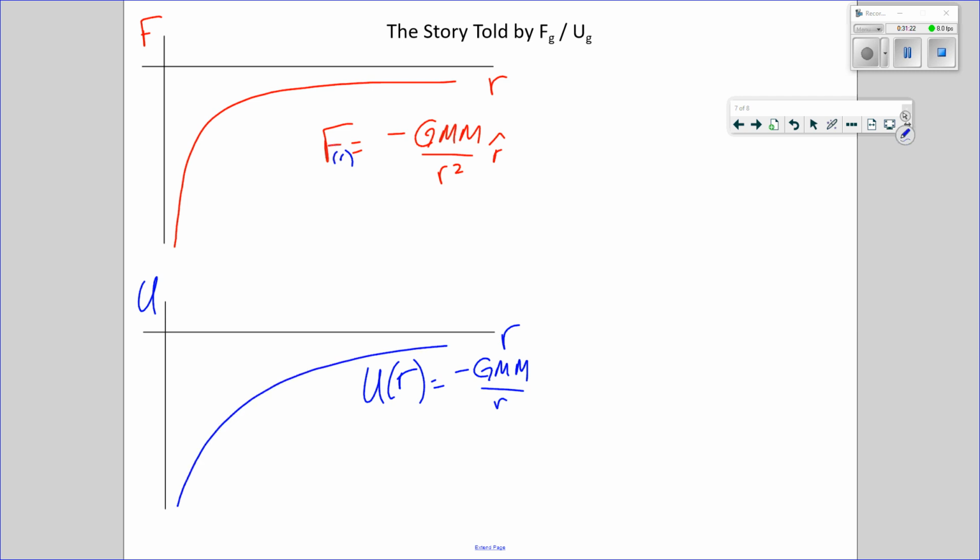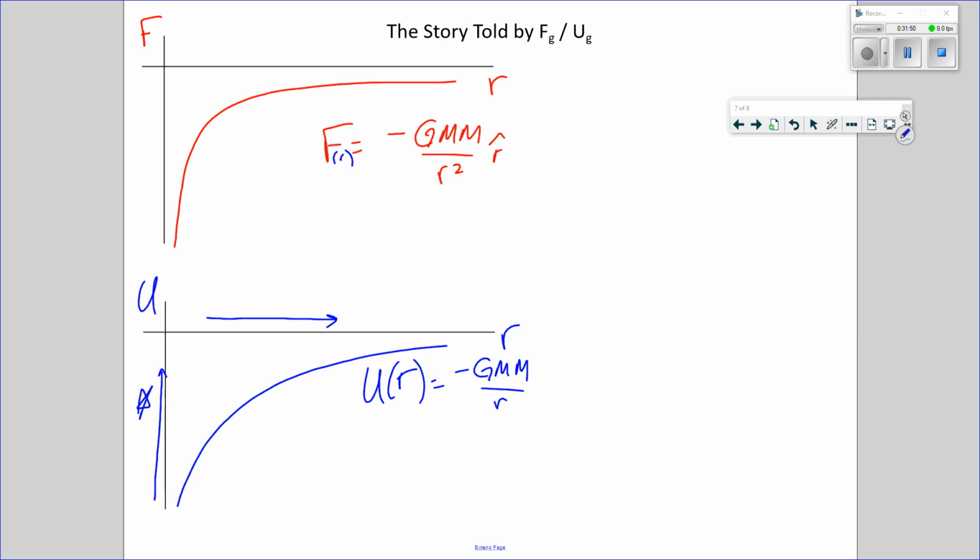So first of all, what does it mean for this? This is pretty neat. This says that as R gets bigger, U gets bigger. The magnitude isn't getting bigger, but the number is getting more positive, and a more positive number is bigger than a less positive number.